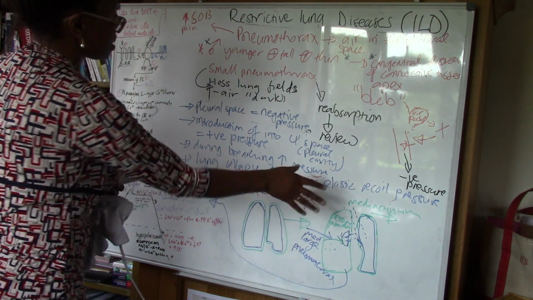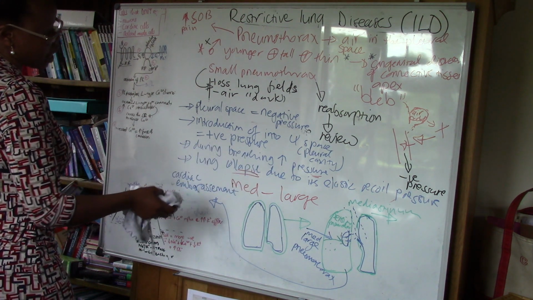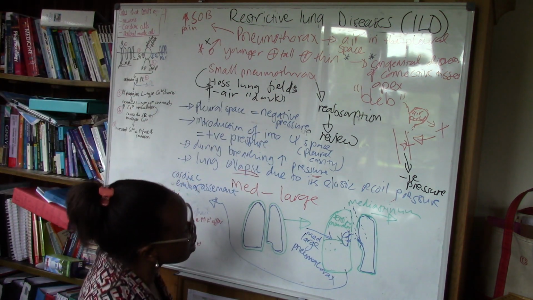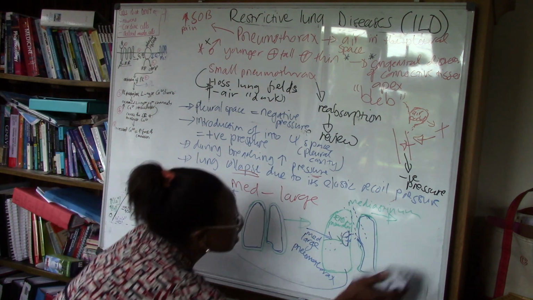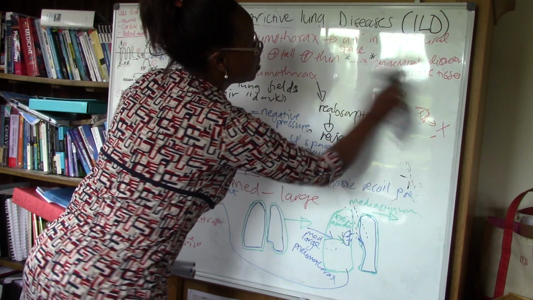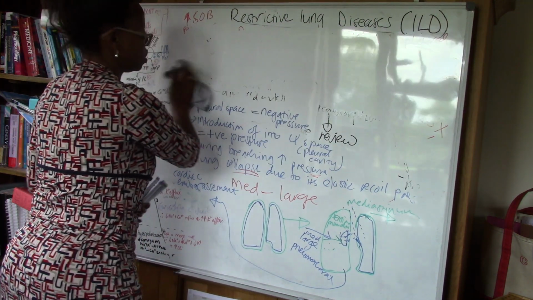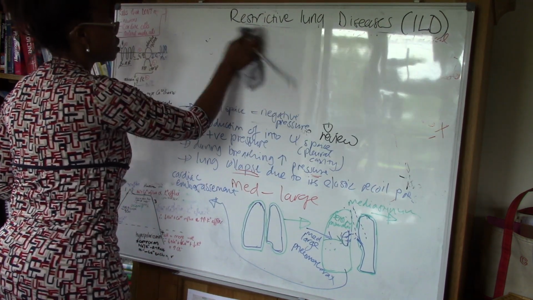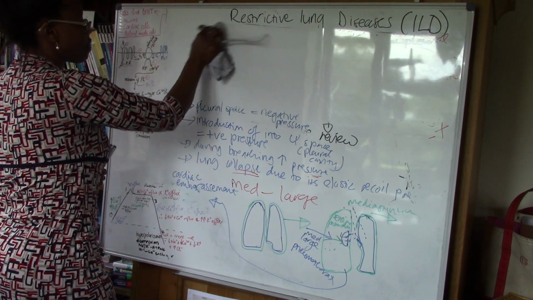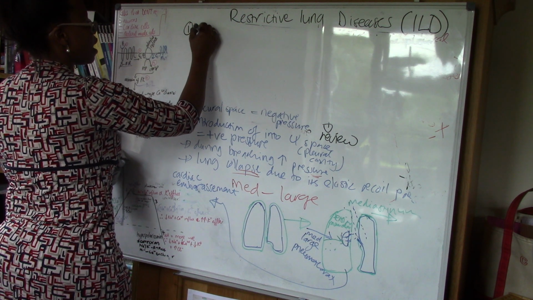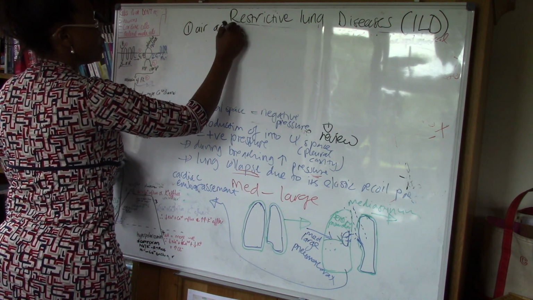And the treatment for medium to large pneumothorax is really to aspirate the air. So the first line is to aspirate air, aspiration.